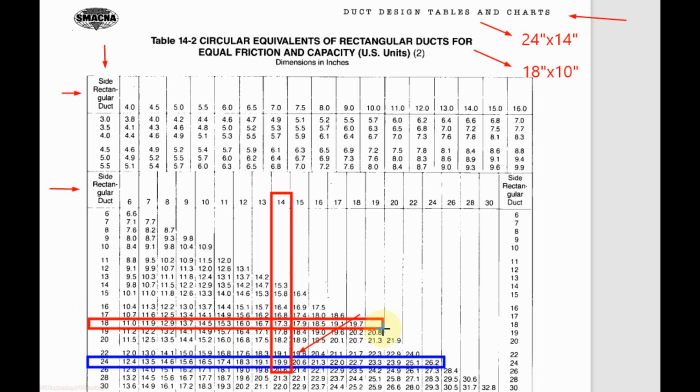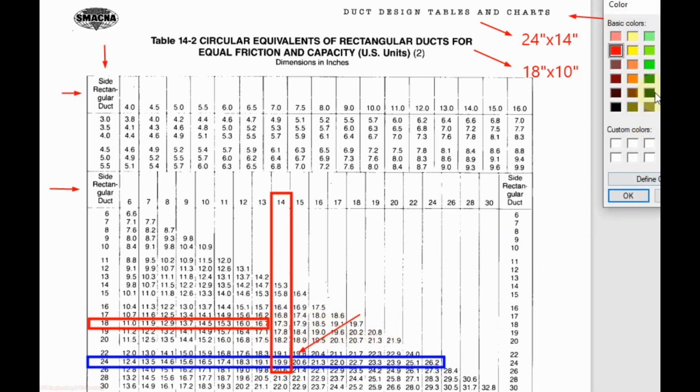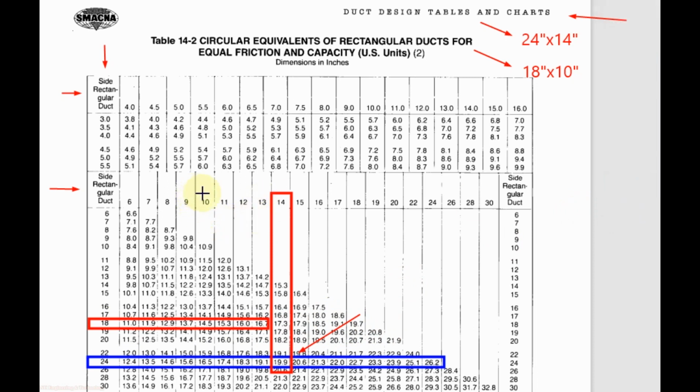And the second one, 10. Let us select from here 10. So the circular equivalent for 18 by 10 inch is 14.5 inch.